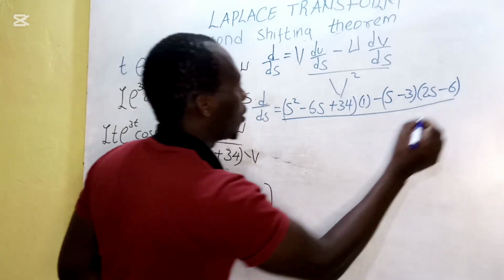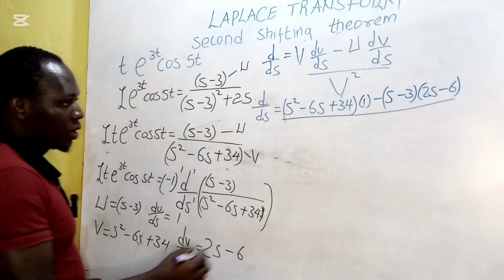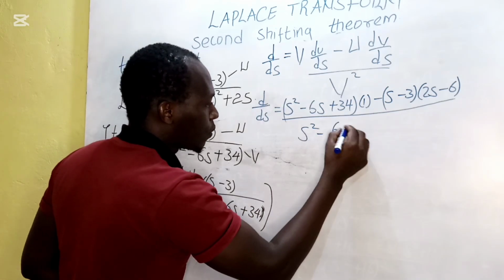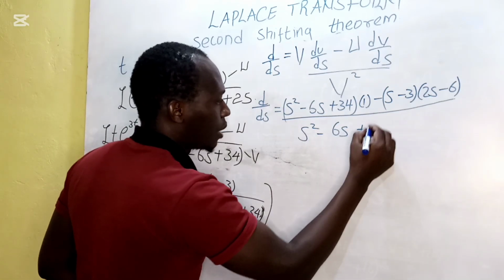Everything is going to be all over v squared, our v squared being s squared minus 6s plus 34, all squared.